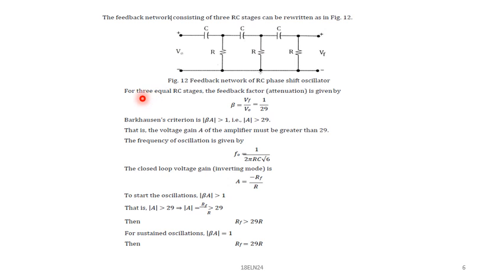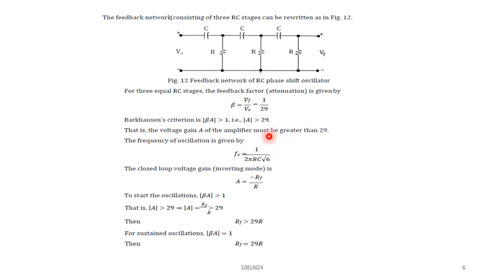So for 3 equal RC stages, the feedback factor beta is equal to Vf by V0, and that is given by 1 by 29. Just note down the set of equations because a detailed explanation of how to obtain this beta is not required.